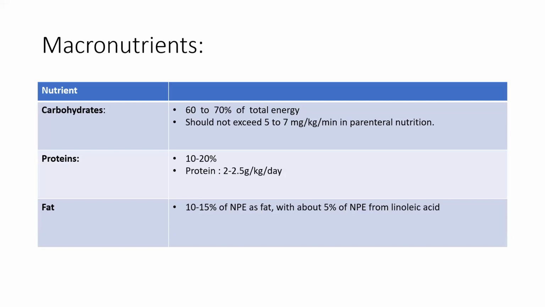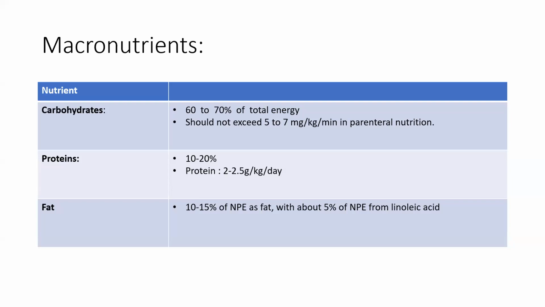Protein can be given at about 2 to 2.5 grams per kg per day. For fats, they should make about 10 to 15% of non-protein energy, of which at least 5% should be from linoleic acid. As we know, it is one of the anti-inflammatory fats that we have.